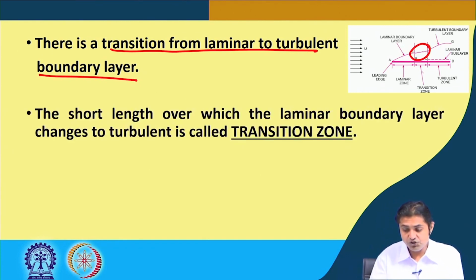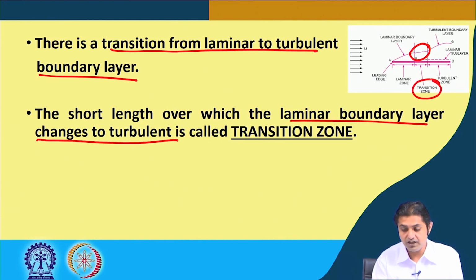So, this short length over which the laminar boundary layer changes to turbulent is called the transition zone, indicated by this distance here. Okay.